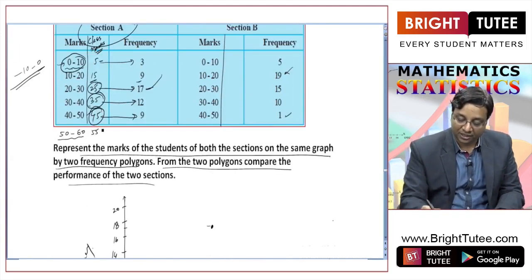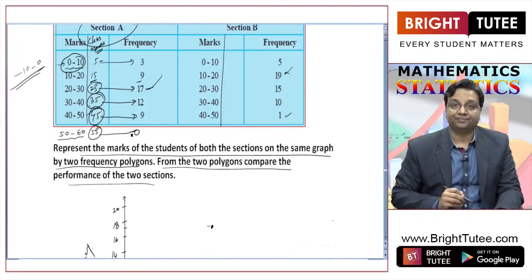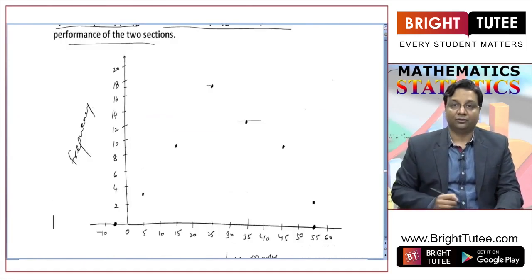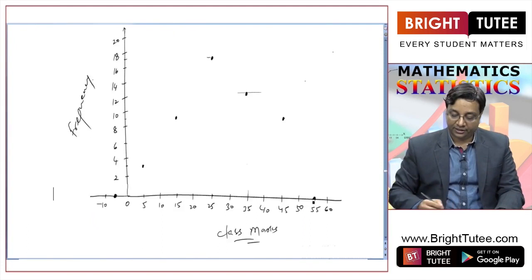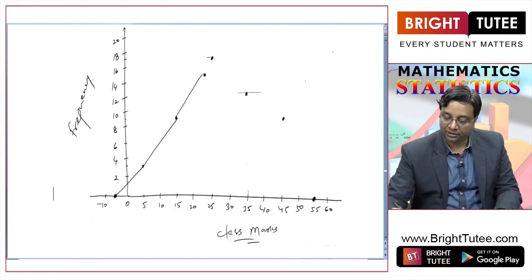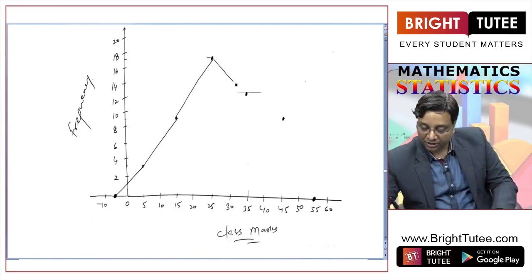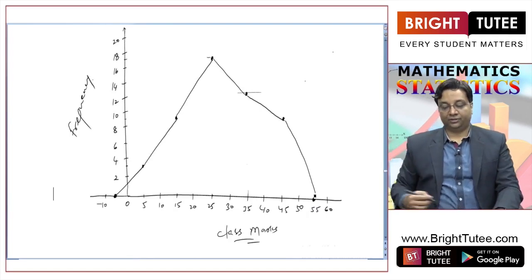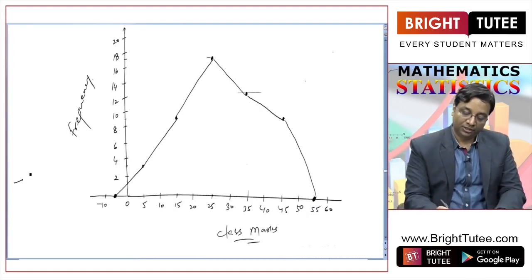So this class mark will have 0 as its frequency. So which point is 55, 0? This point is 55, 0. Okay, so I will join these points to make the frequency polygon, which shows me the performance of section A. So this is the frequency polygon corresponding to section A's performance.